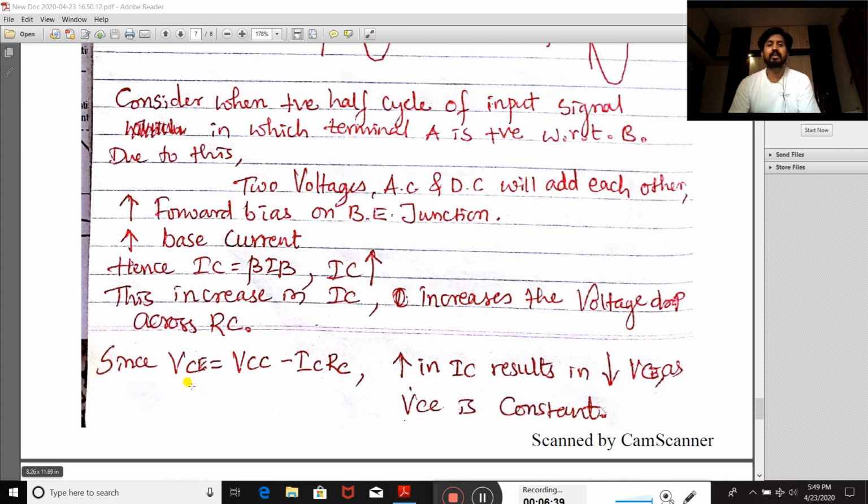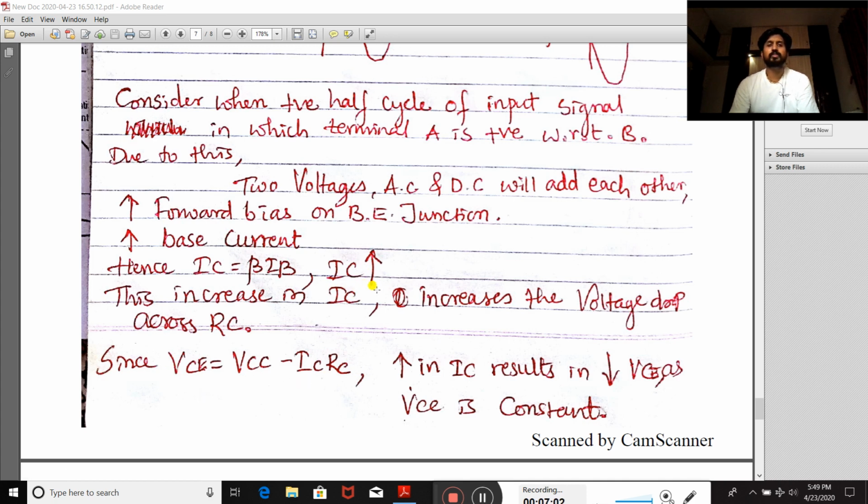We can write the voltage equation using KVL at the output side. We have already done this: VCE is equal to VCC minus IC into RC. Here VCC is constant, IC is the collector current, and RC is again a resistor value which is constant. This is the voltage across the collector and emitter.